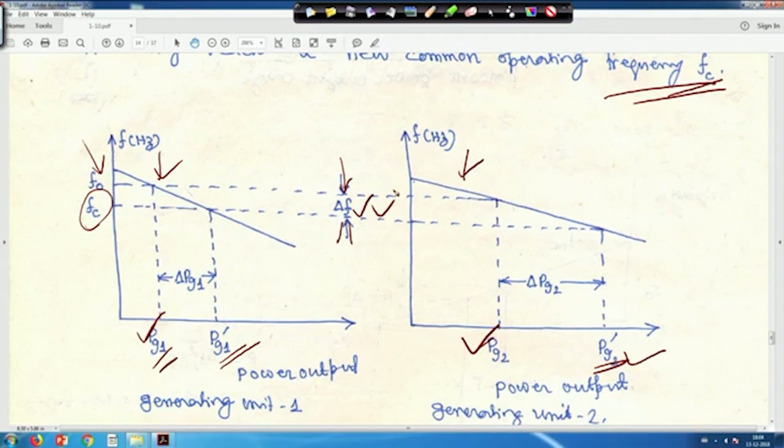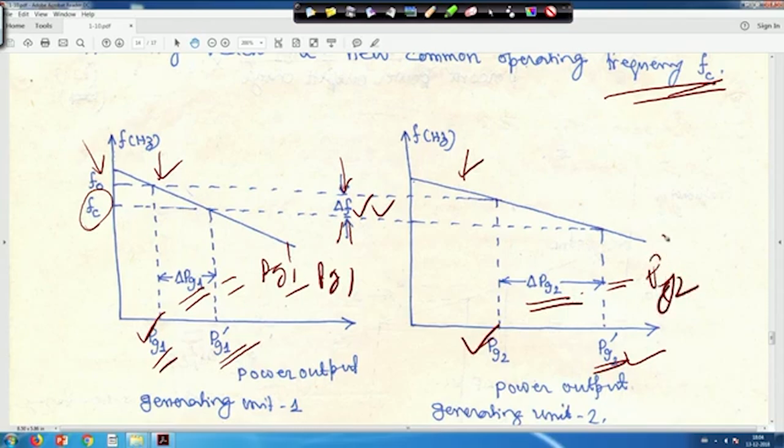That means this is delta Pg1 and this is delta Pg2. Delta Pg1 is Pg1 dash minus Pg1, right. Similarly, delta Pg2 is equal to Pg2 dash minus Pg2, right.